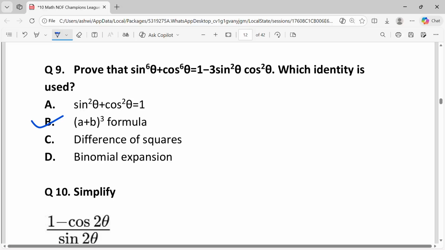The proof involves using the sum of cubes factorization, a³ plus b³ is equal to (a plus b)(a² minus ab plus b²), and the Pythagorean identity sin²θ plus cos²θ is equal to 1.